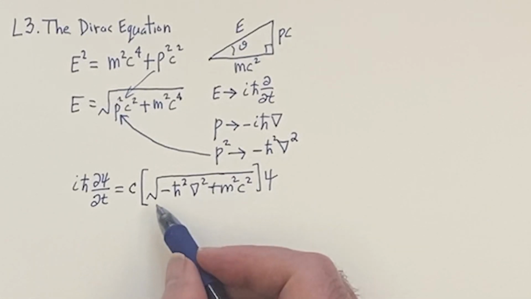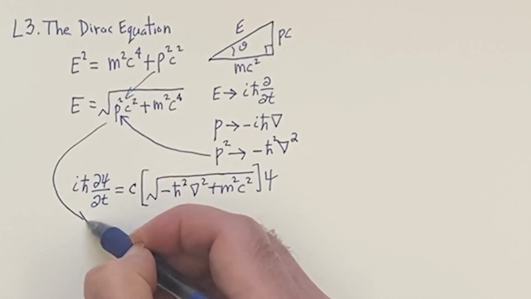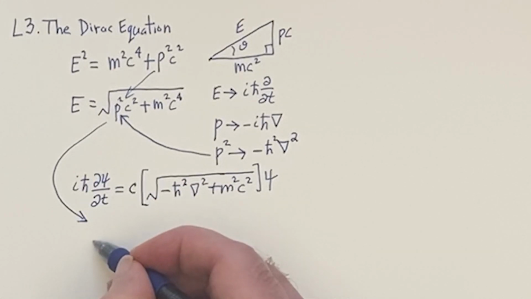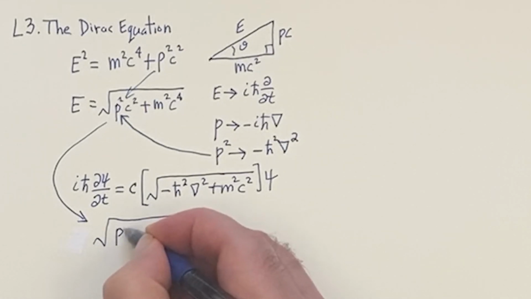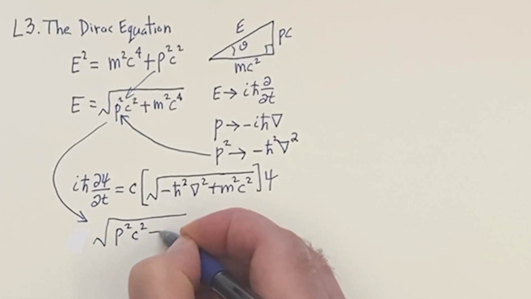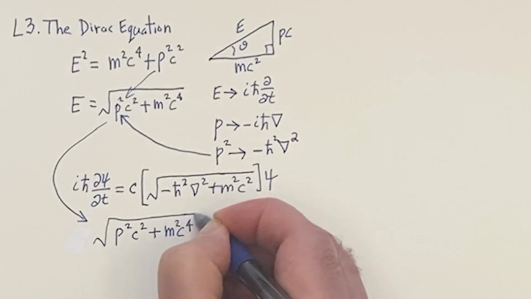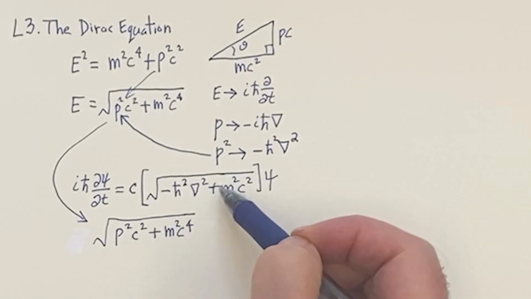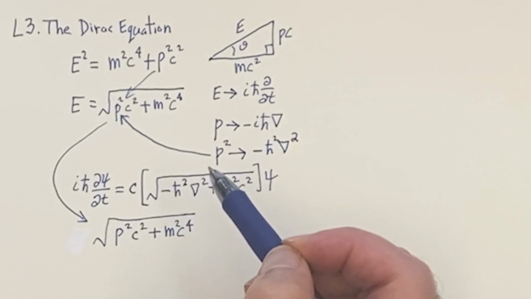Let's look at this without the derivatives just for now. Let's put the square root: p squared c squared plus m squared c to the fourth. How can you even take a square root of this thing?